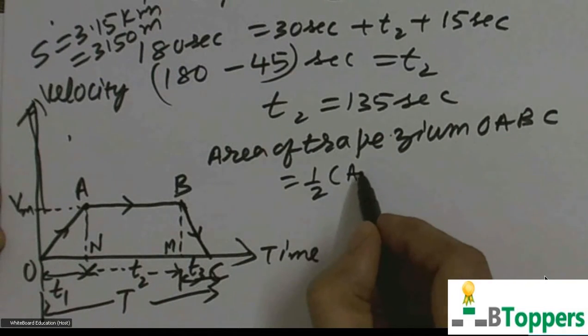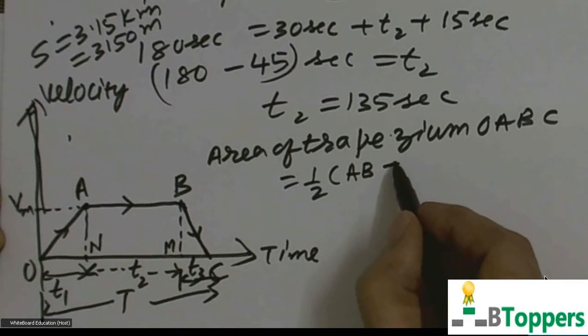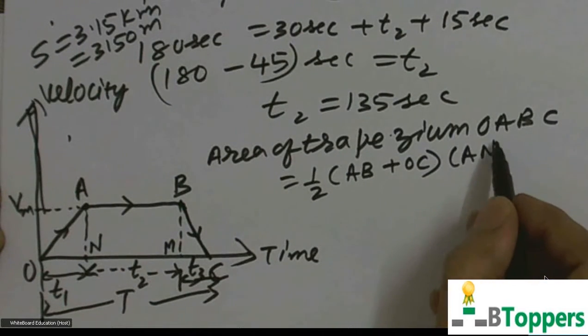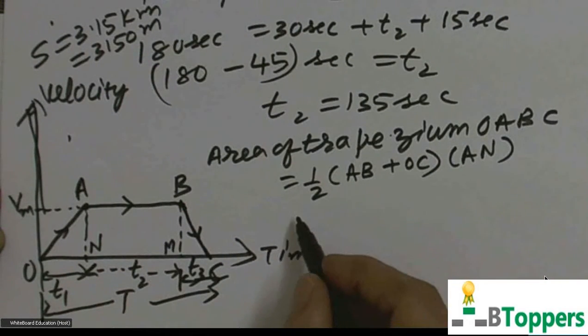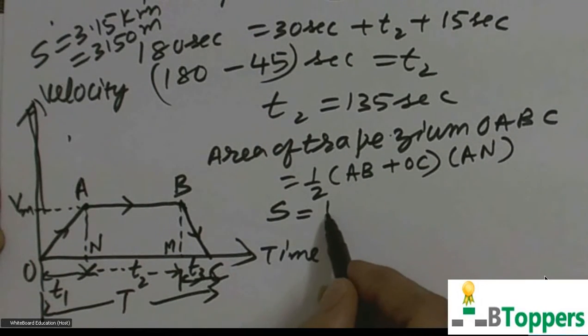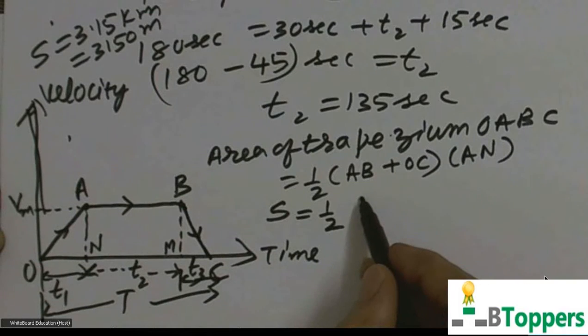That is equal to half into the sum of the parallel sides, AB plus OC, and the perpendicular distance between the parallel sides is AN. So the area of the trapezium gives you the total displacement covered during the entire journey.